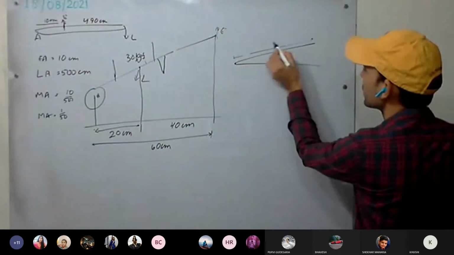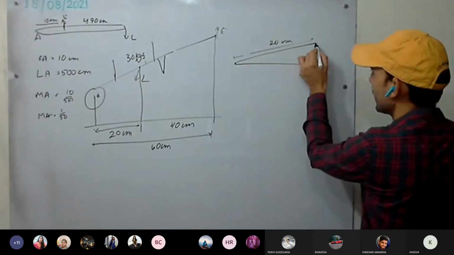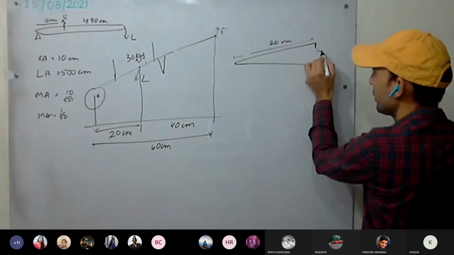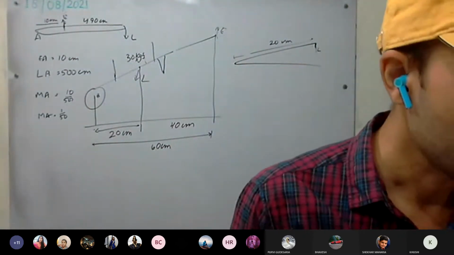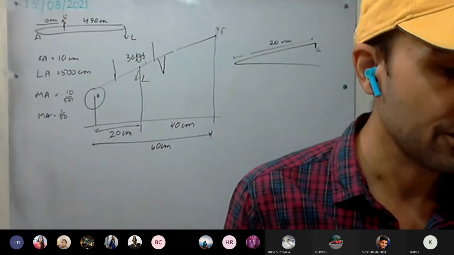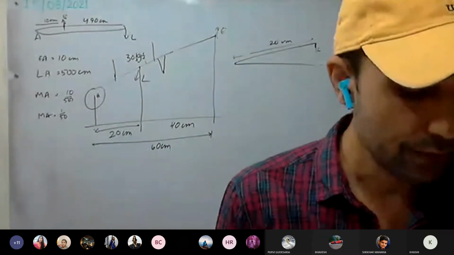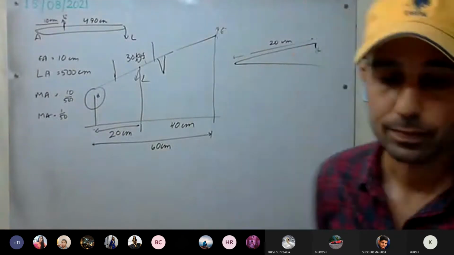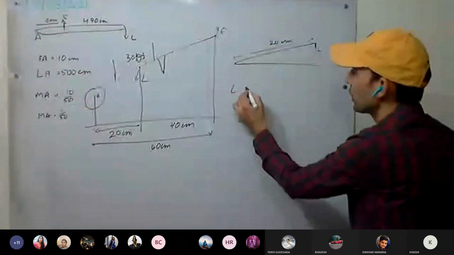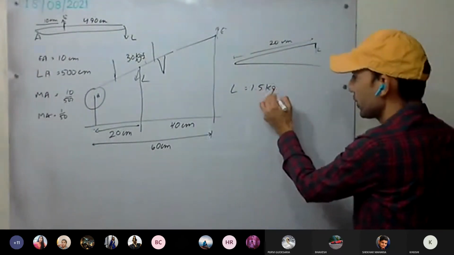So this length is 20 centimeter. It means here we are going to apply the effort, here will be the load. It is used to lift a coil of weight 1.5 kgf. It means load equal to 1.5 kgf is given.